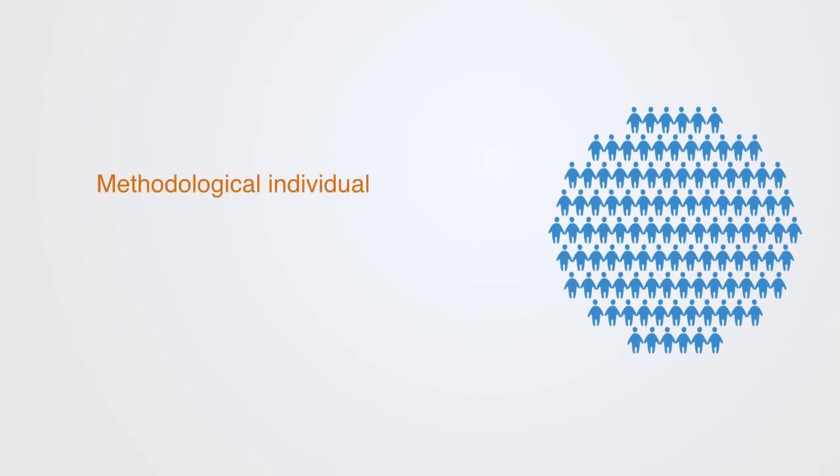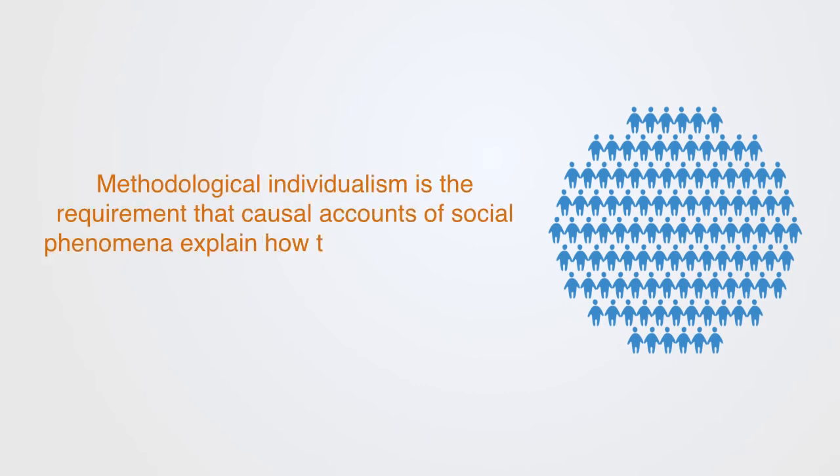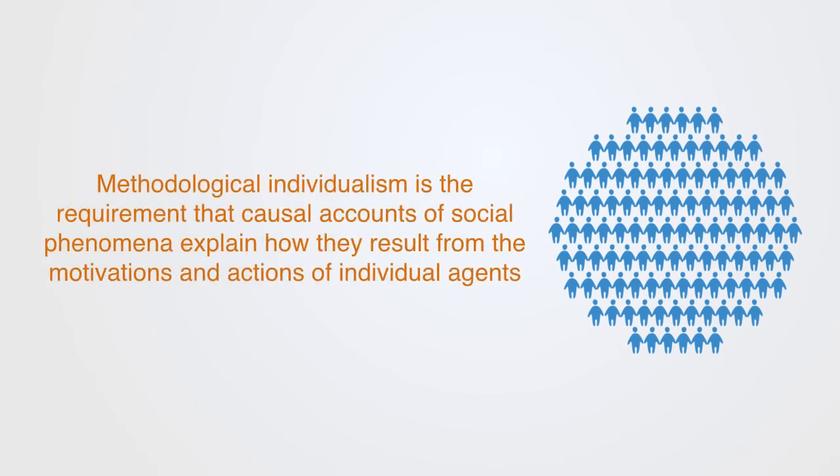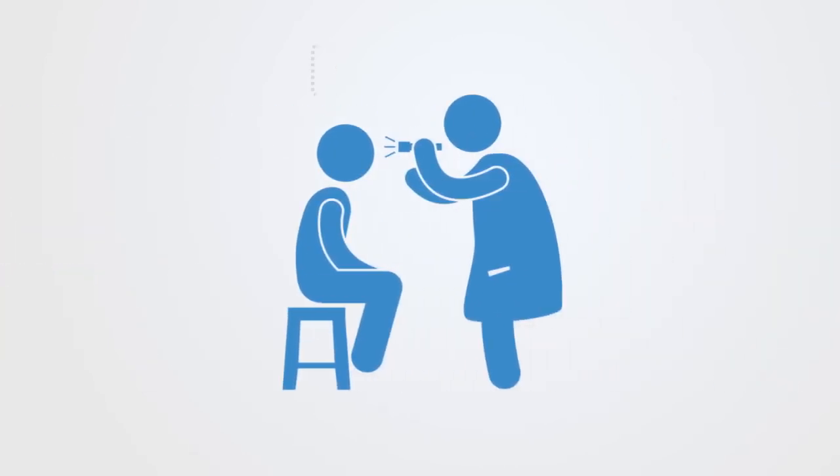Methodological individualism is the requirement that causal accounts of social phenomena explain how they result from the motives and actions of the individual agents. It considers that the only thing in the social world that is real are the things that we can touch and see, which is individual human beings. This is the materialistic and atomistic nature to the Newtonian paradigm.